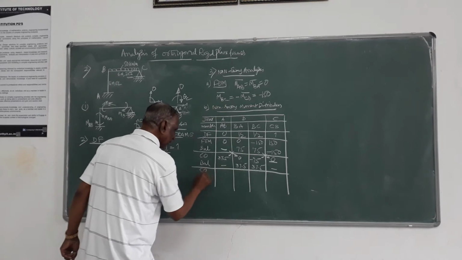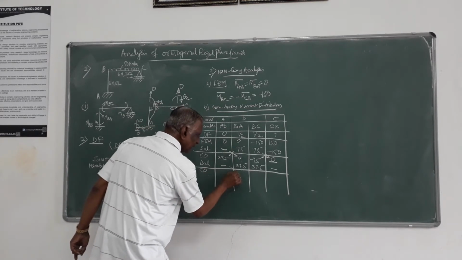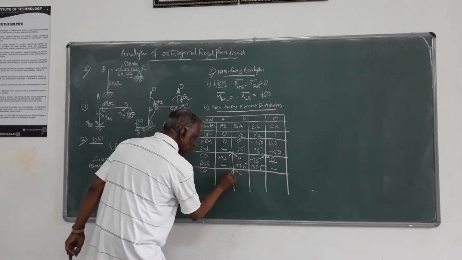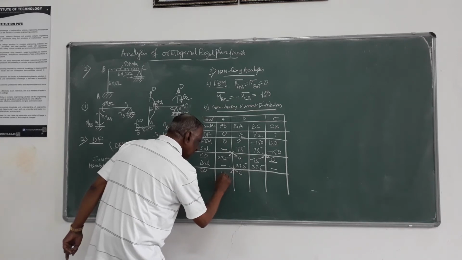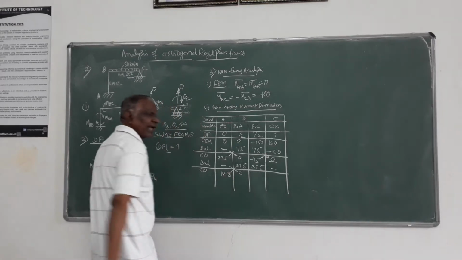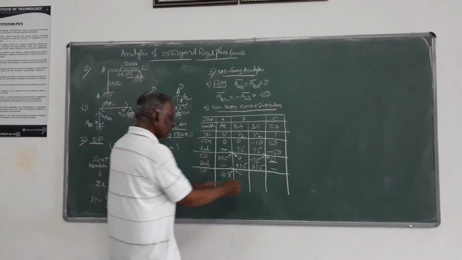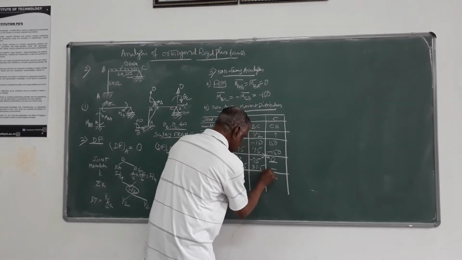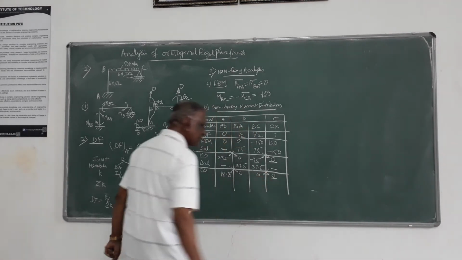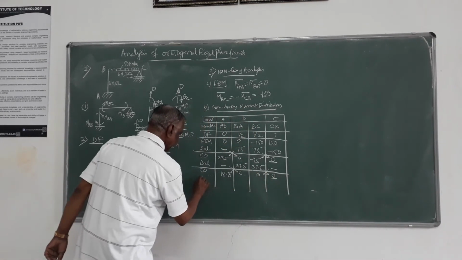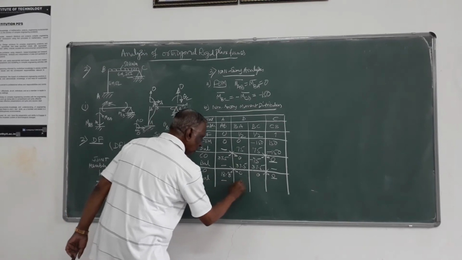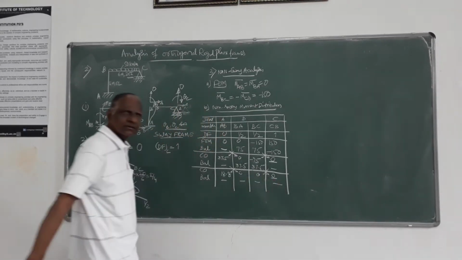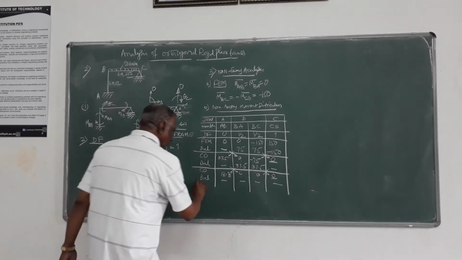Then carryover AB to BA, 0, BA to AB, it is 18.8. Then BC to CB, you should not, and CB to BC, it is 0. So then balance all zeros, the work is stopped.